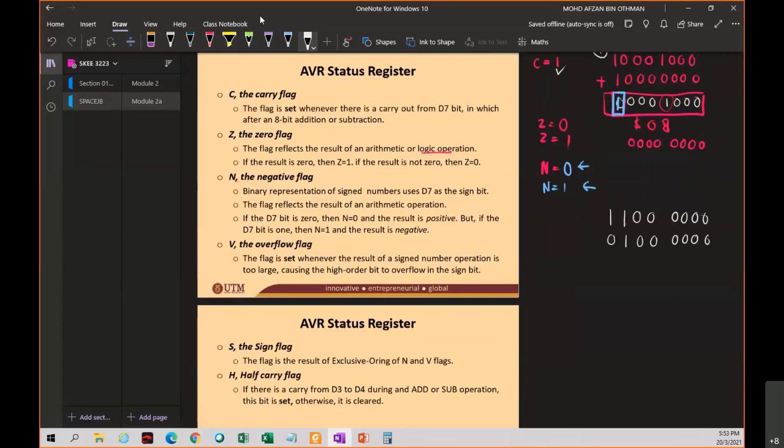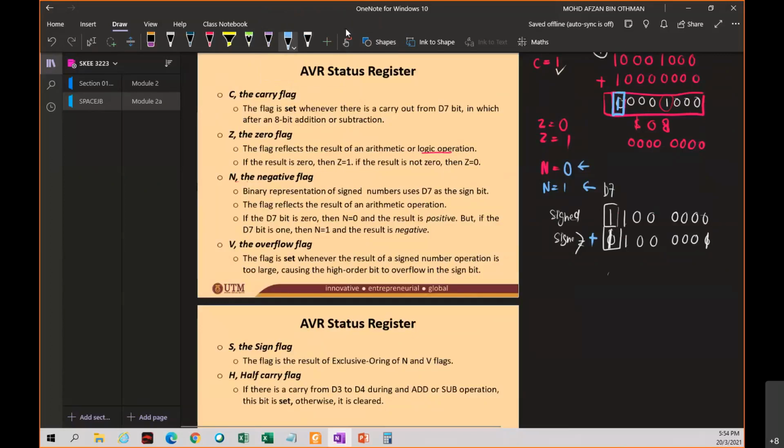So you know that both of these numbers are signed numbers, negative numbers. How do we know they are negative? Because we look at bit 7 here. Both have 1. So the CPU knows that these belong to signed numbers. So what happens if you add these numbers here?